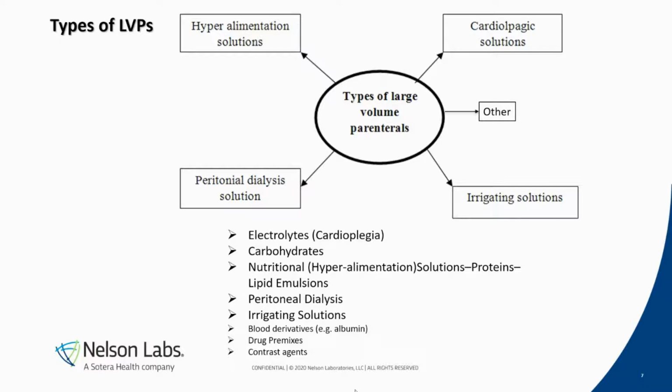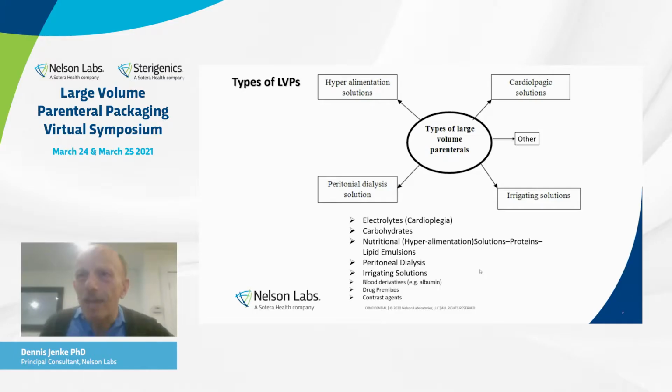Okay, they alimentate, like a person taking in nutrition through eating. They can be cardioplegic solutions, electrolyte solutions. They can be used for irrigation. They can be used for peritoneal dialysis. And there are other applications as well.